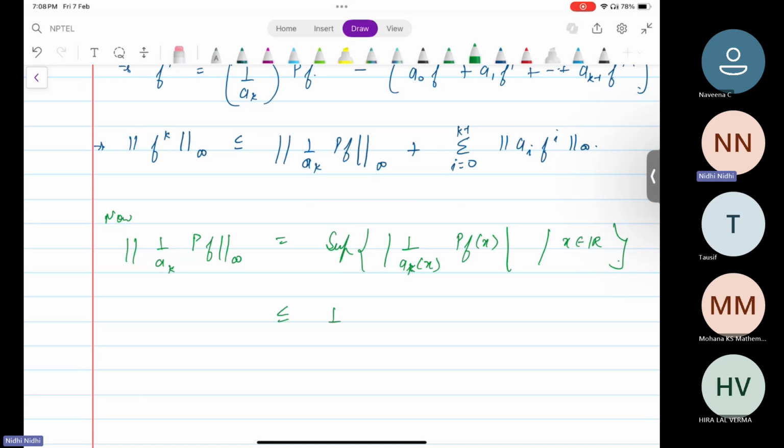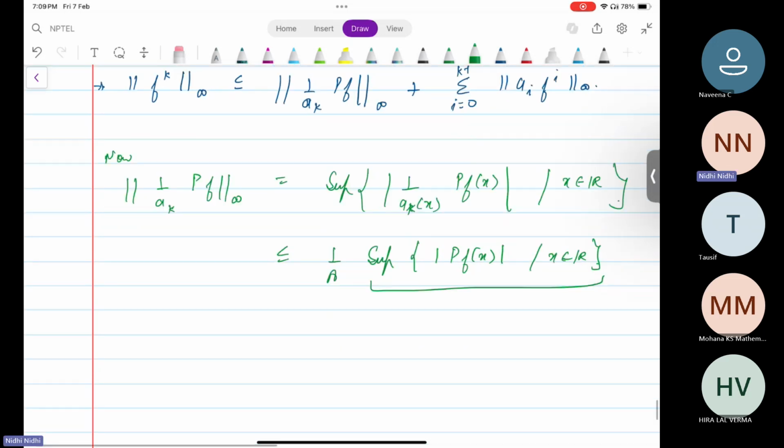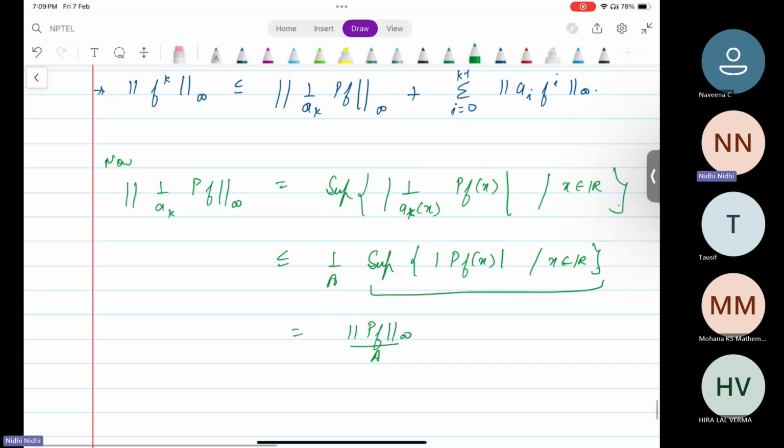This is less than or equal to 1 by A times the supremum of mod Pf(x), x in R. And this term is the sup norm of Pf. So this is the infinity norm of Pf by A.